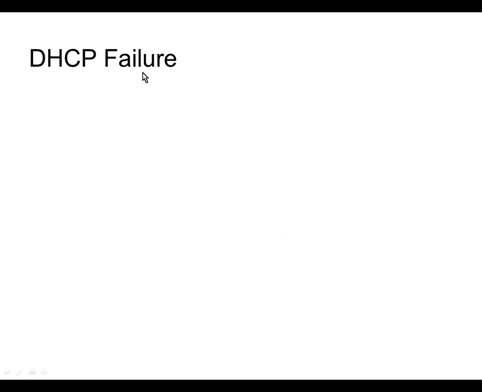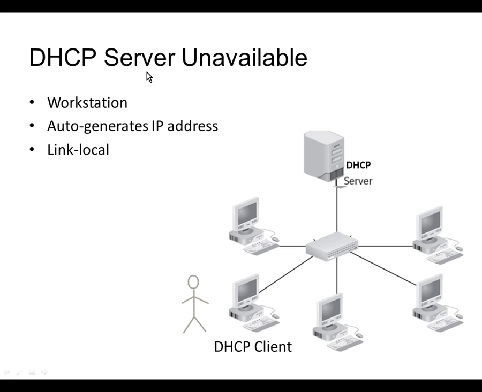Now, what if the DHCP server goes down? If the DHCP server goes down, then the client auto-generates a temporary IP address, and this is called a link-local address.